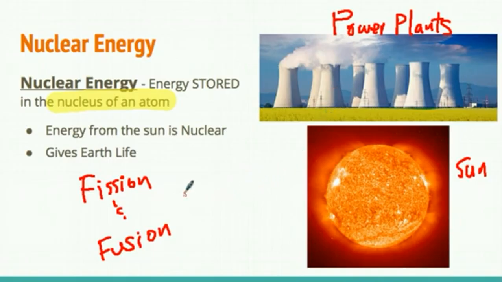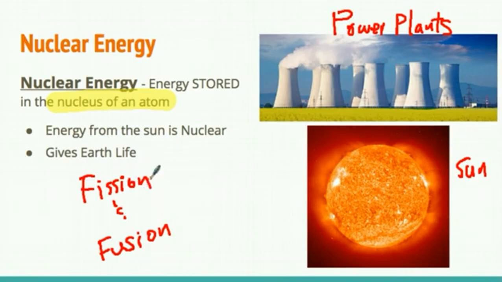But this energy source comes from fission or fusion. And the way that happens is in fusion, the two nuclei of the atoms hit each other super hard and they combine to make one new atom. And when that happens, you get this enormous amount of energy, which is called nuclear energy. And fission is the exact opposite.